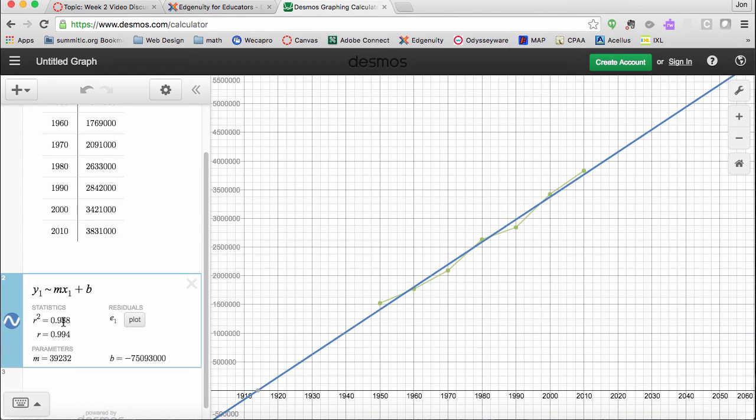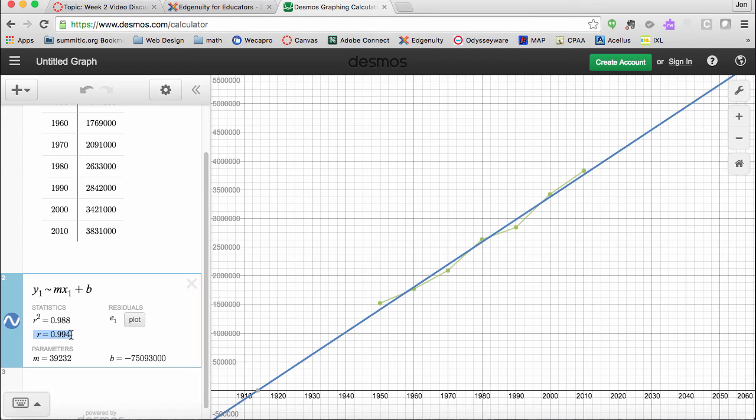What I really want to get into is this r squared value and this r. This tells you how well our data fits. So when we have r equals 0.994, that's telling you, wow, our data fits really, really well in a positive direction.